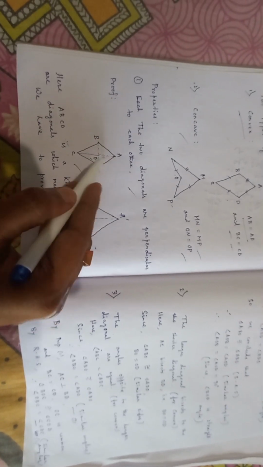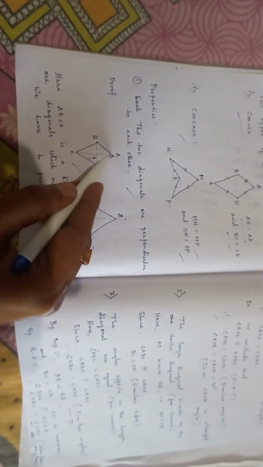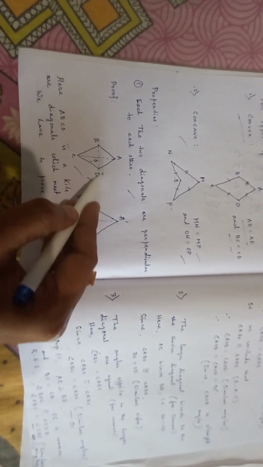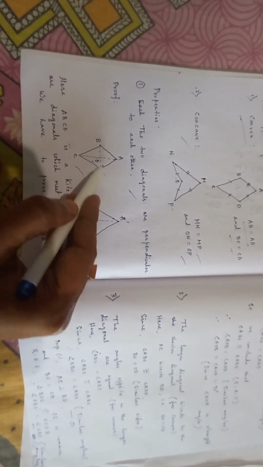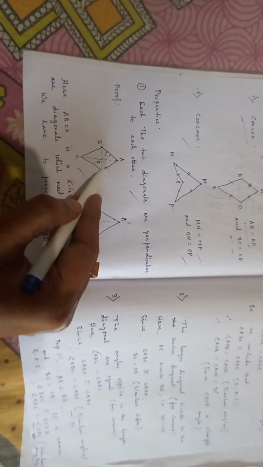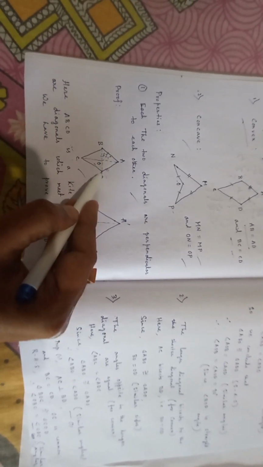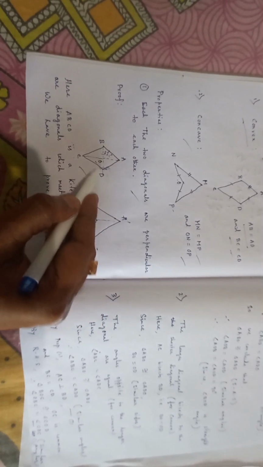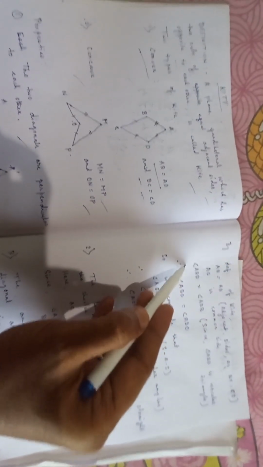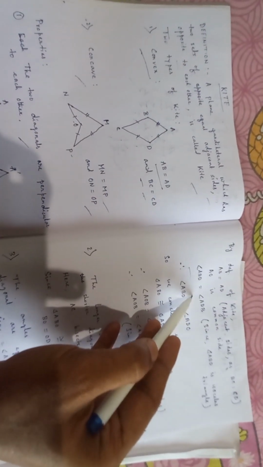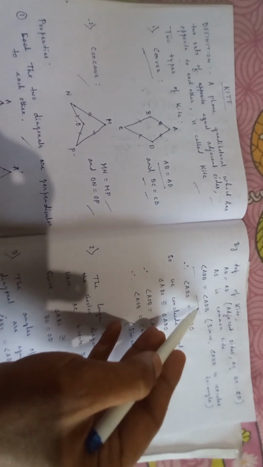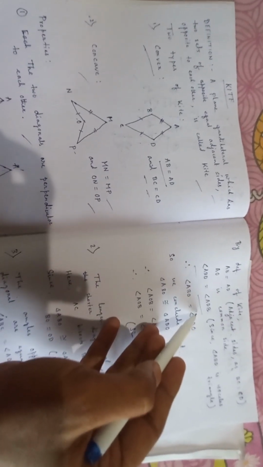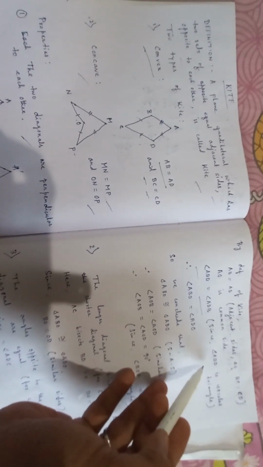If we consider the isosceles triangle ABD, two sides are equal, so its opposite angles will also be equal for being an isosceles triangle. So angle ABD is equal to angle ADB.